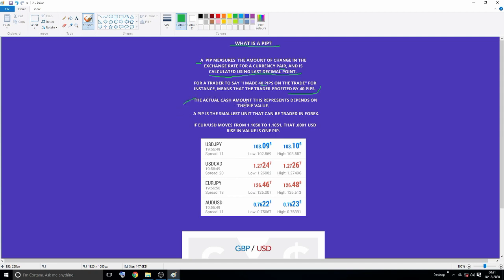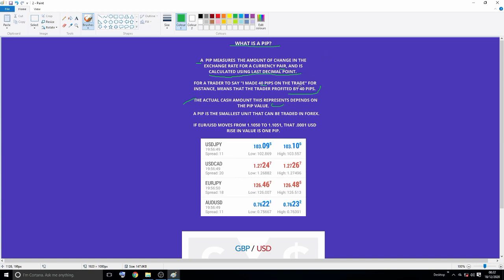The actual cash amount this represents depends on the pip value. So if you made 40 pips and one pip is equal to $1, it means you made $40. If one pip is equal to 50 cents, it means you made $20, depending on the pip value.